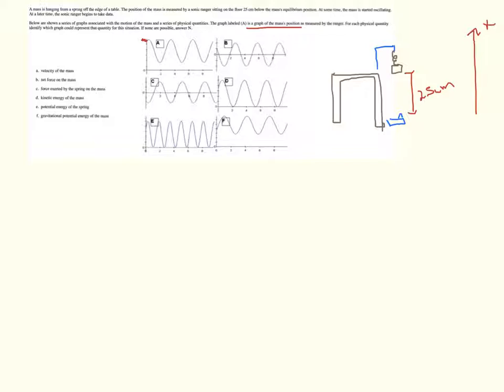That tells me that it's still moving upwards a little bit at time equals 0, because this graph isn't quite at its maximum at time equals 0. So what they're asking me to do is think through which of these different graphs could be representing which different part of the motion for this oscillating mass.